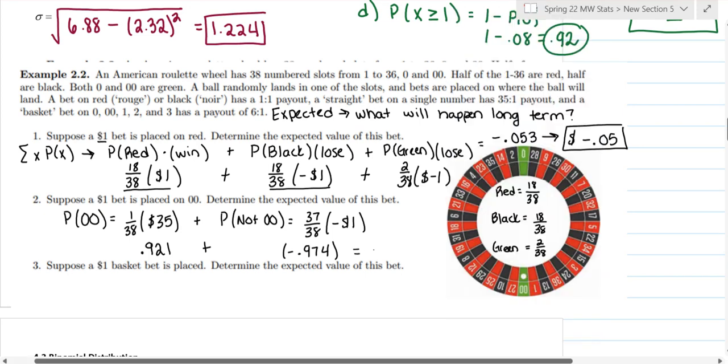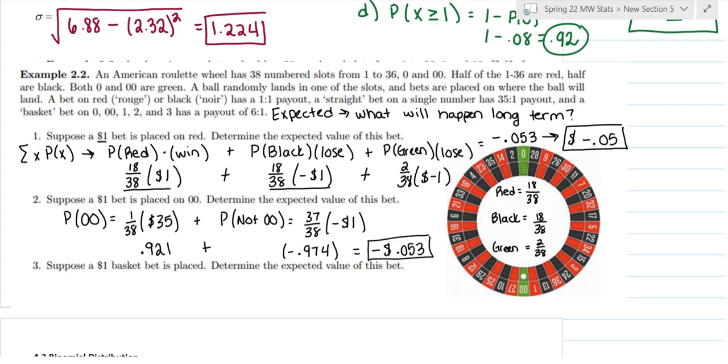It's actually the same thing as the last one. Okay, so I still come out 5 cents behind with this bet. I think that's just a coincidence on this, but I don't gamble, really. So I don't know for this.